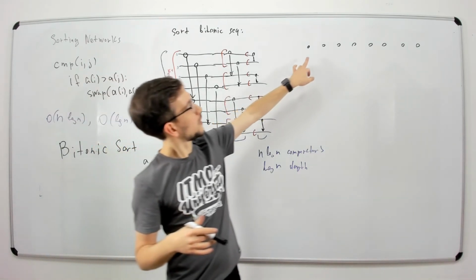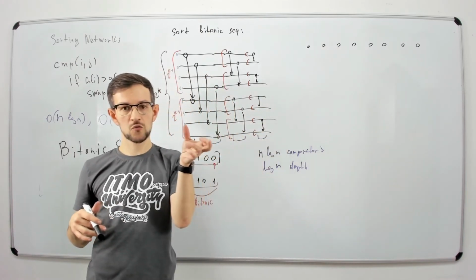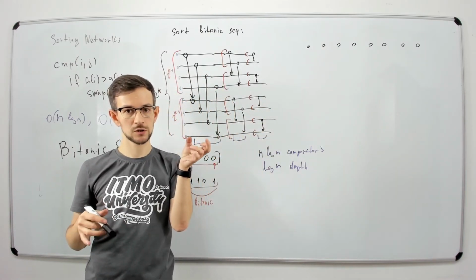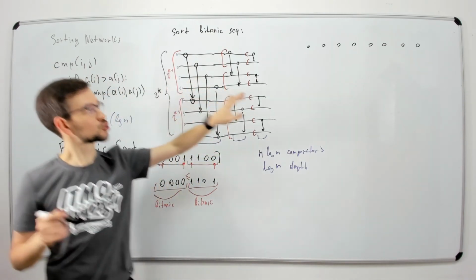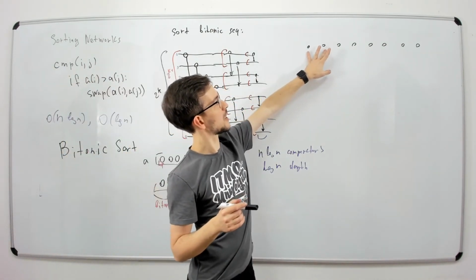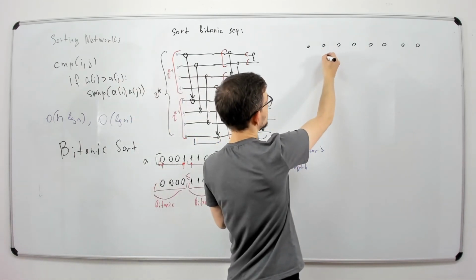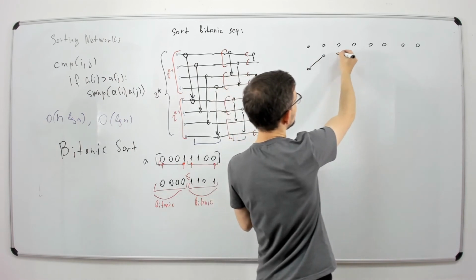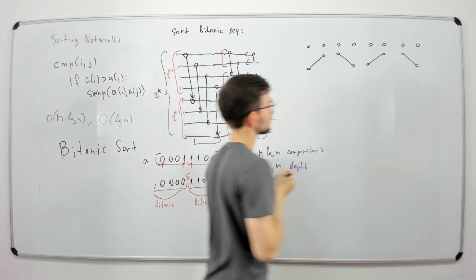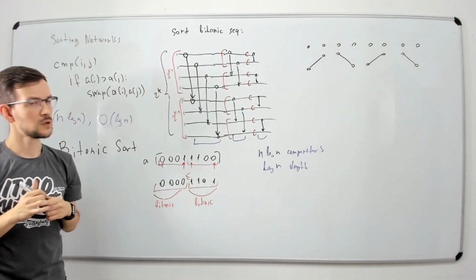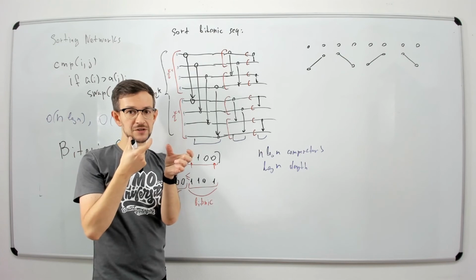Let's have each pair of elements form some small Bitonic sequence. So let's call this Bitonic sort to sort the arrays of size 2. And we will sort this array in increasing order, and this in decreasing, this will be increasing, this will be decreasing. So we make pairs of elements and sort each pair.